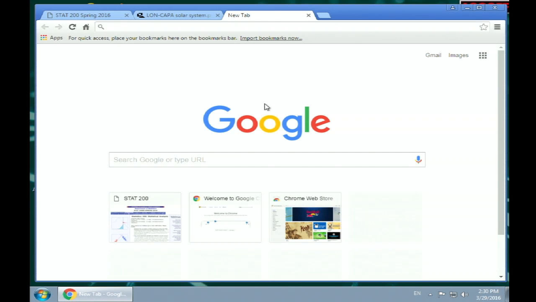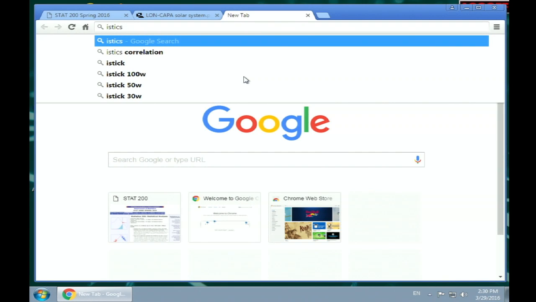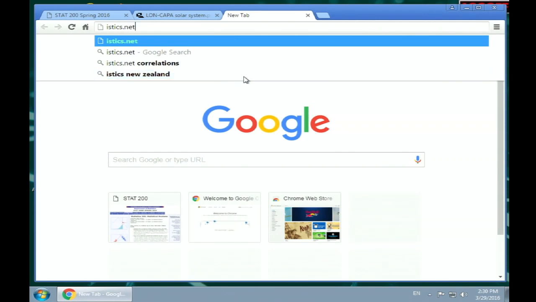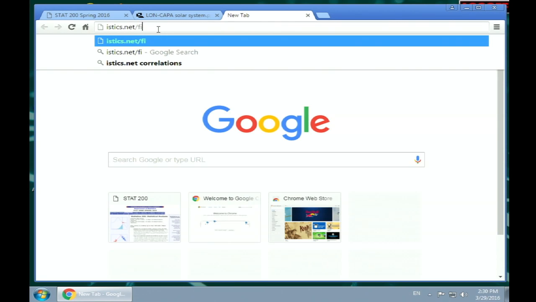Okay, this data set can be found at a different site, I don't think it's on our U of I site. It's posted on istix.net. Instead of statistics, it's statistics without the stat in front. istix.net/fireman.